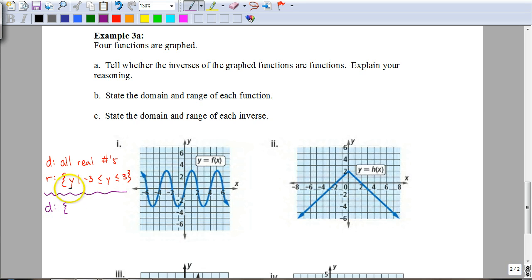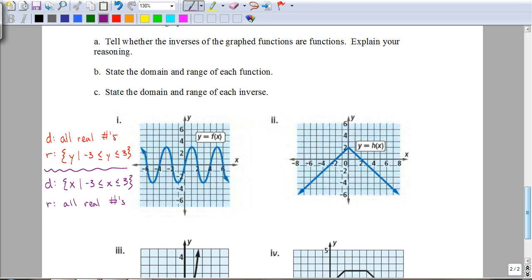I'm going to get that from the range, but remember the domain is dealing with x's, not y's. So I'm going to say the domain is the set of all x's such that x is between negative 3 and positive 3. If I were to graph the inverse, the range then would be all real numbers. So all I did is switch those two.